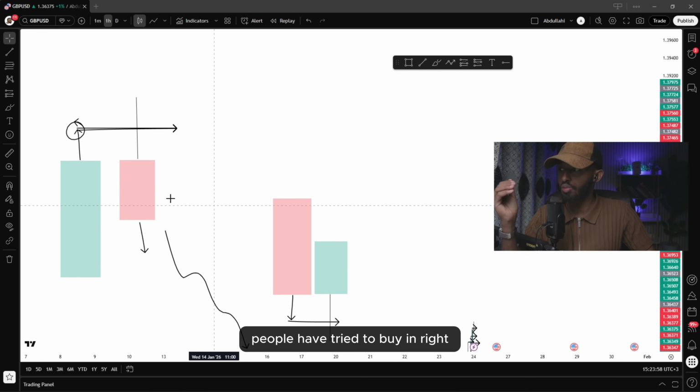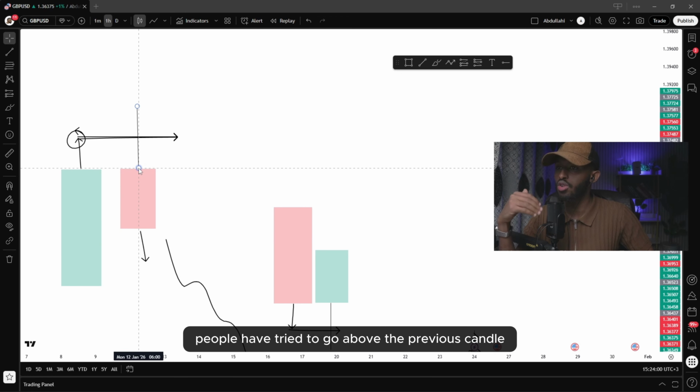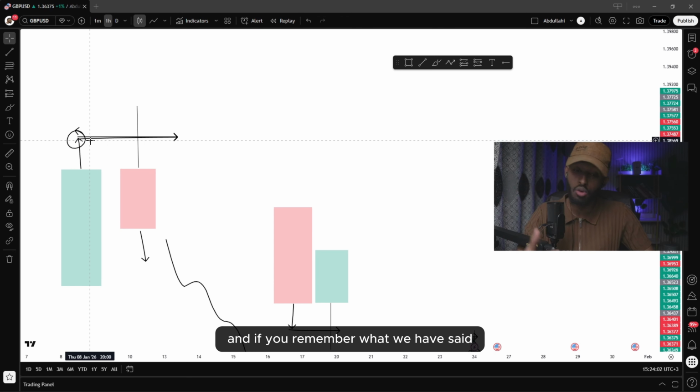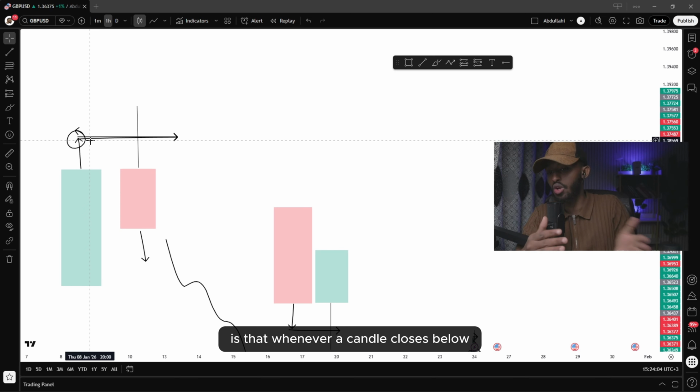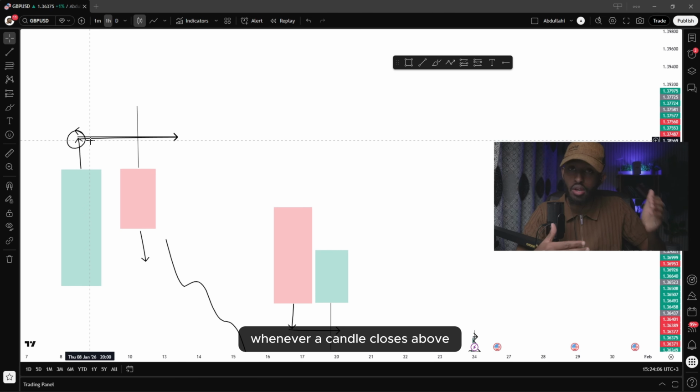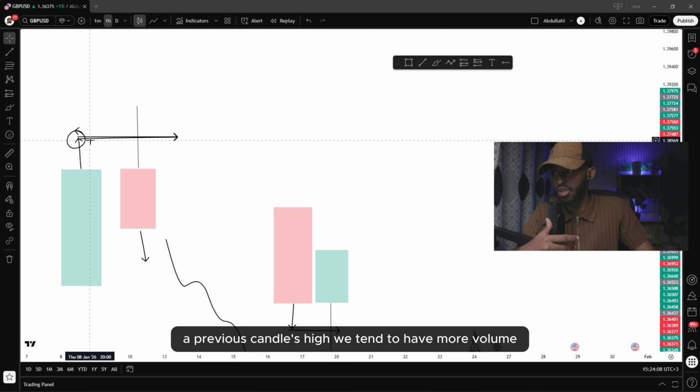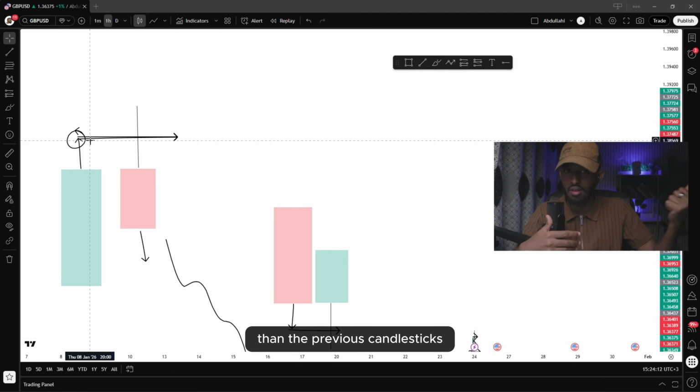people have tried to buy in, right? People have tried to go above the previous candle, and if you remember, what we have said is that whenever a candle closes above a previous candle's high, we tend to have more volume than the previous candlesticks.